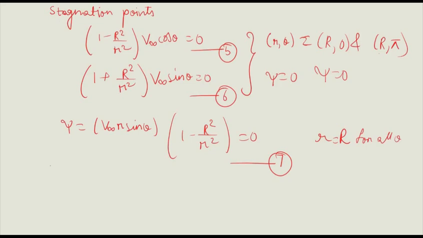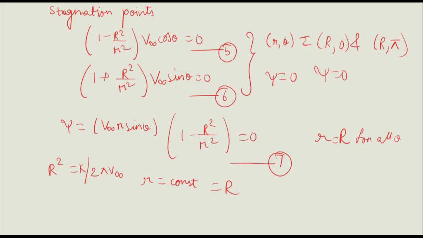Now we know that R square is equal to kappa by 2 pi V infinity, and this is a constant. If I consider the case of polar coordinates, small r would be constant, which is equal to capital R, correct?